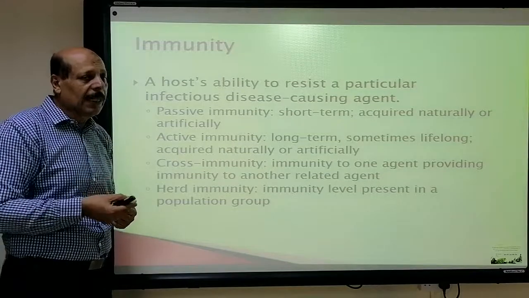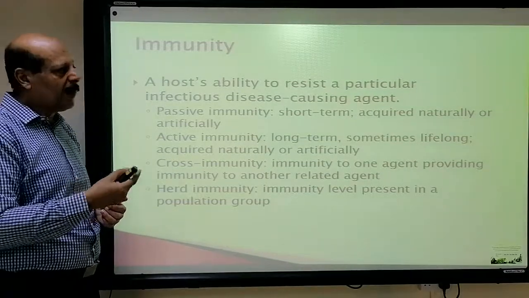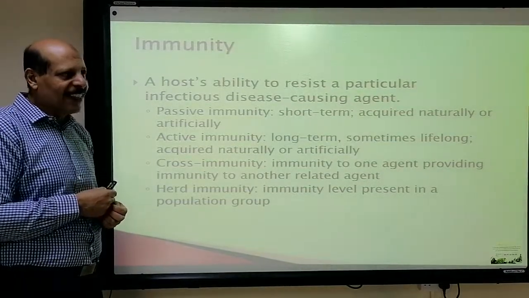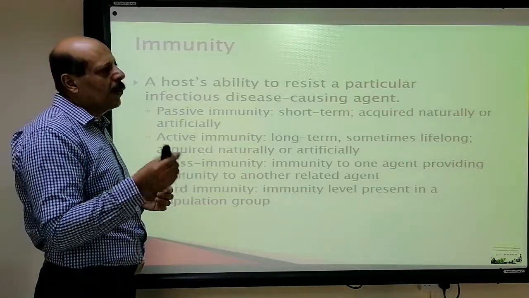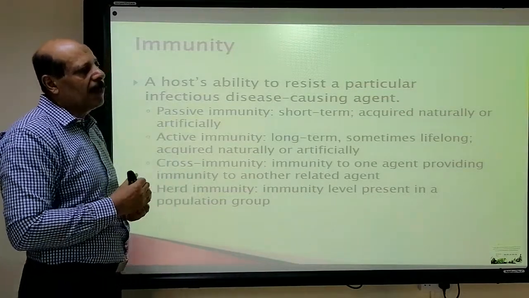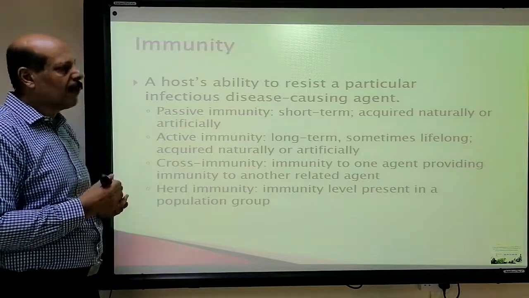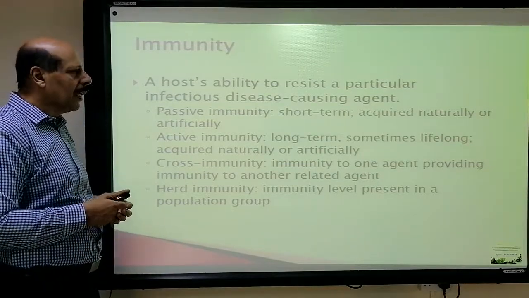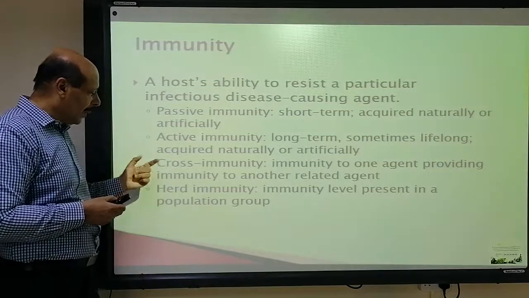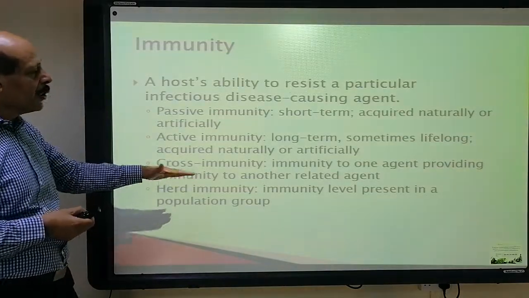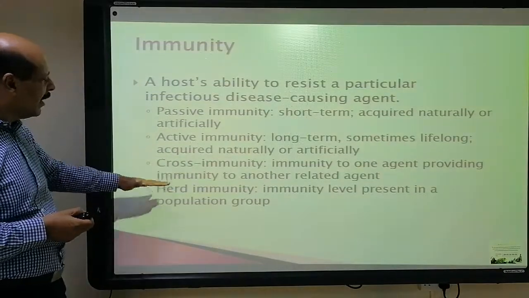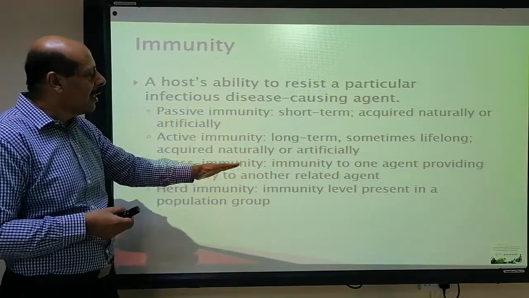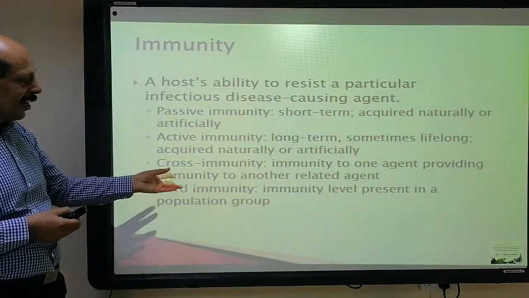Or it might happen with taking vaccination. For common infectious diseases, we give people vaccination in order to avoid exposure to those diseases. Cross immunity is immunity to one agent providing immunity to another related agent.